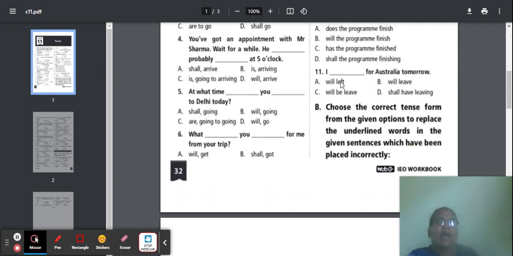Next, question number 11. I dash for Australia tomorrow. Look here, "I" is coming, first person singular. For first person singular we use shall, isn't it? I, we, shall. But I also taught you the main thing: if the happening is assured, surely, we should use will.